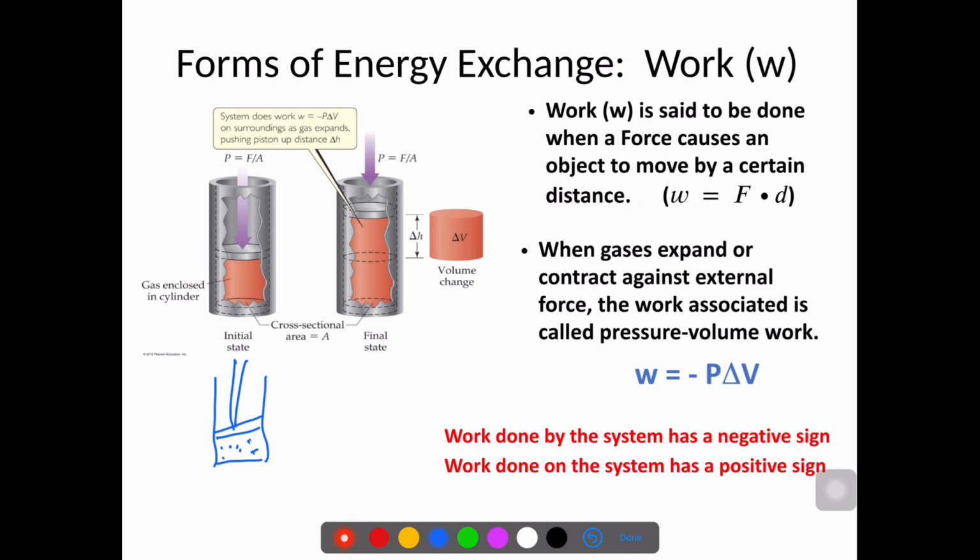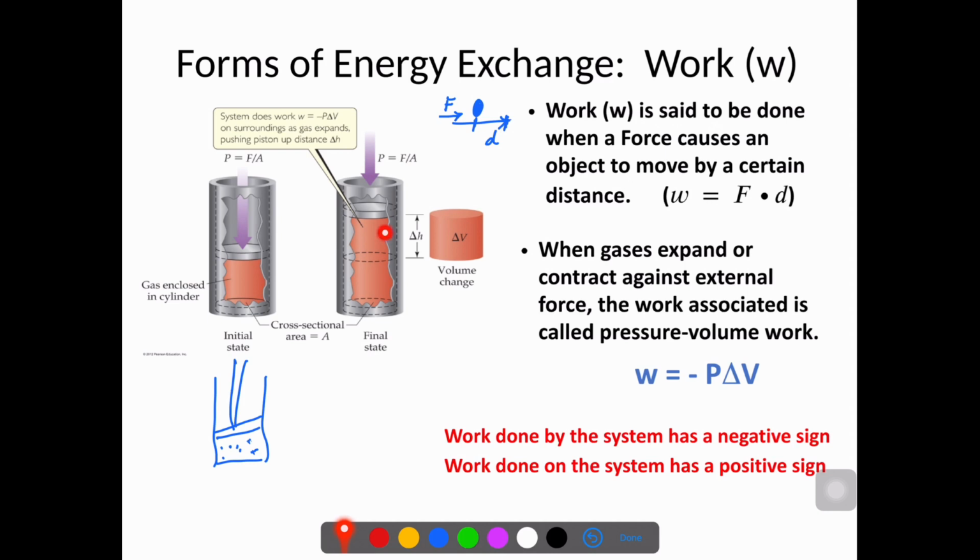Suppose you have a ball and you're moving it by a certain distance. You're applying a force on it, let's say F, and you moved it by a certain distance, let's call it dx or d. Force times the distance by which the object moved will give you the work done on the system.